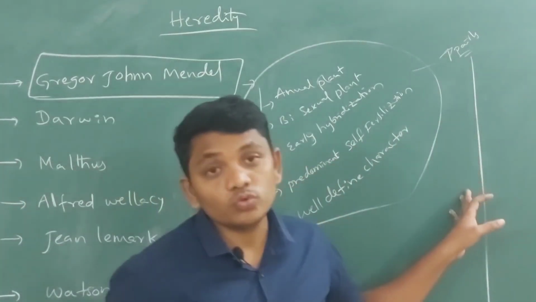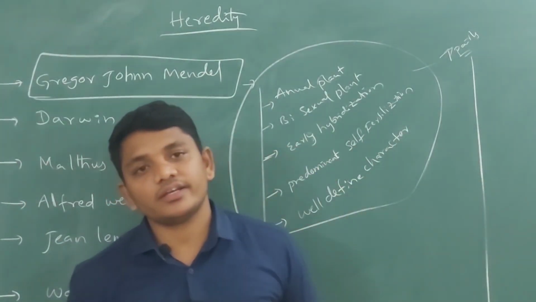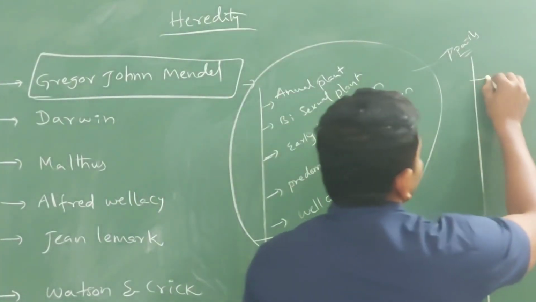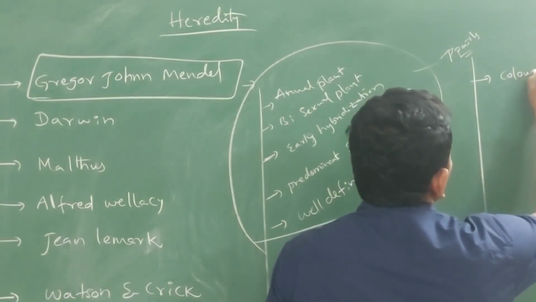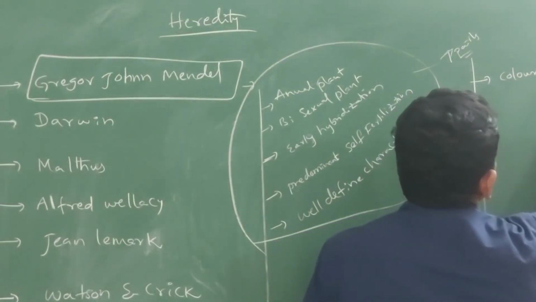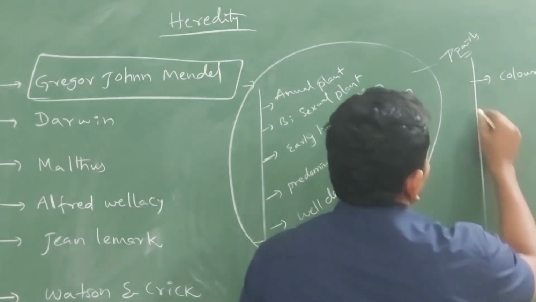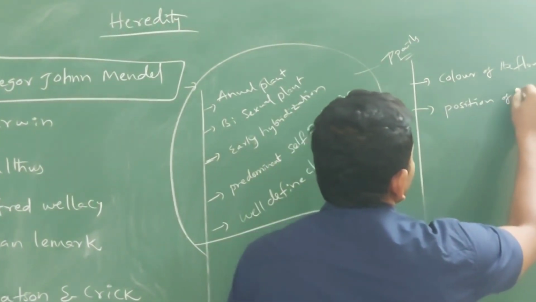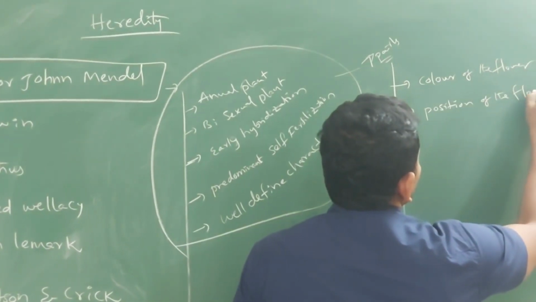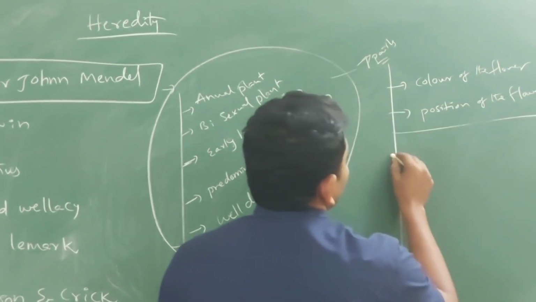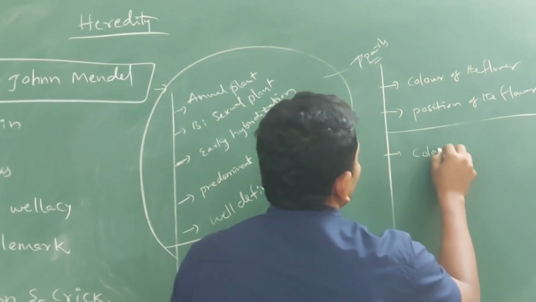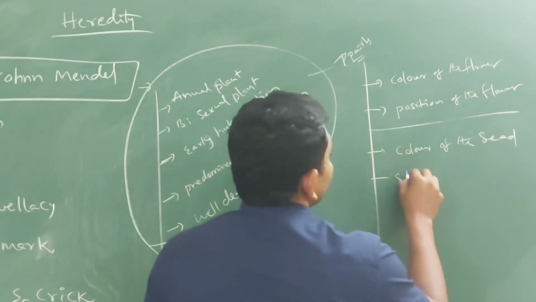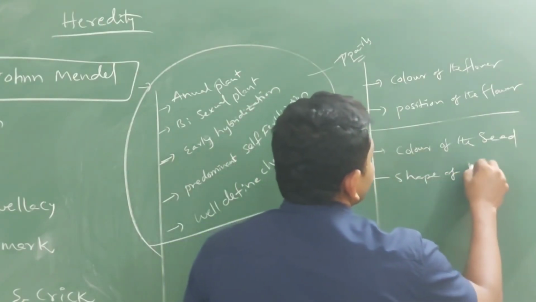That is why he chose this one. But he chose 7 pairs of characters. Let us discuss what they are. First one is color of the flower, and position of the flower. Next one, color of the seed and shape of the seed.